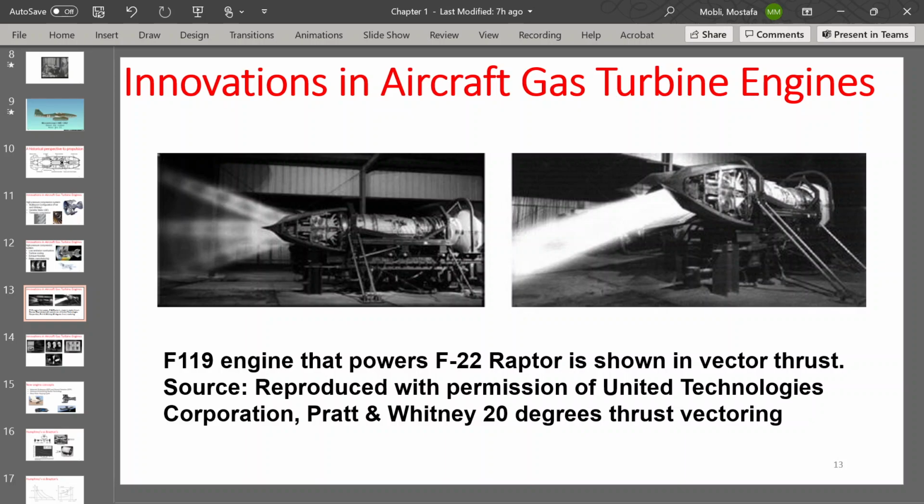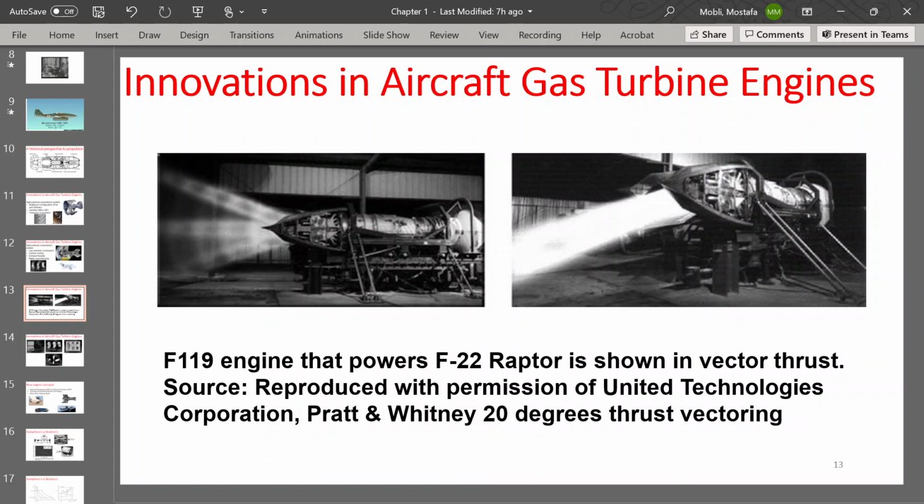Okay. So we have had innovations in the compressor, in the combustor, and in the turbine blade material. With manufacturing of better, more heat-resistant turbine blades, we can have turbines operating at a higher temperature, which we didn't really have before.